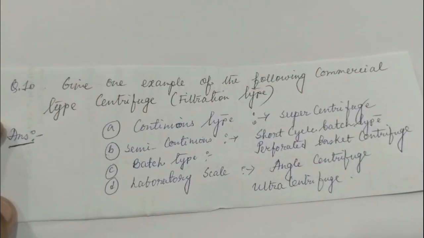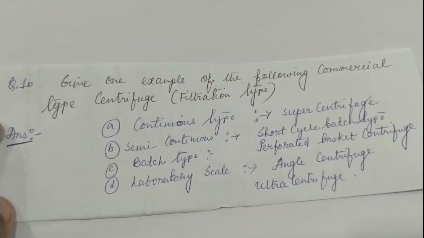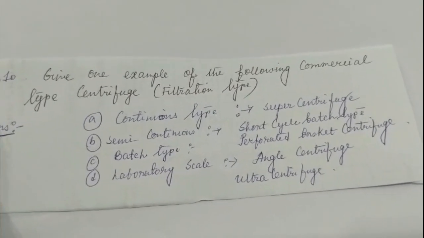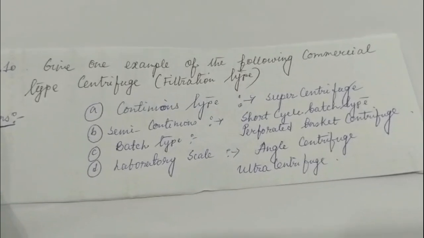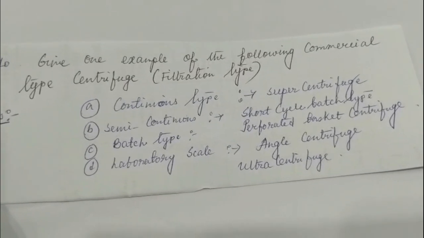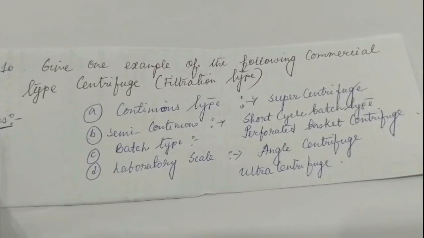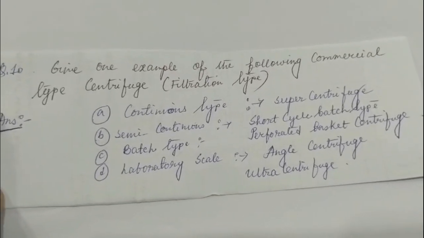Question number 10 is, give one example of the following commercial type centrifuge, filtration type. So they may ask you to give one example of continuous type, one example of semi-continuous type, or one example of laboratory type centrifuge.